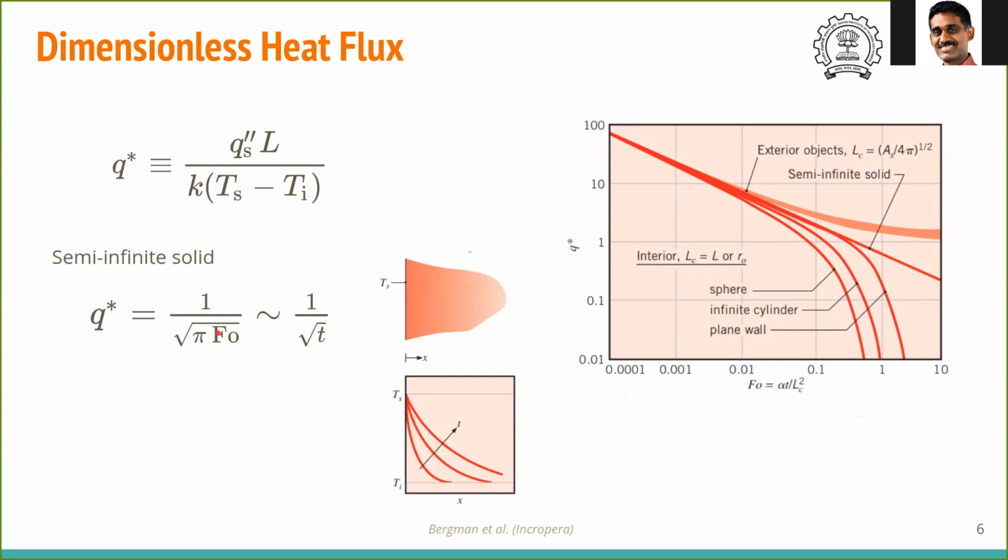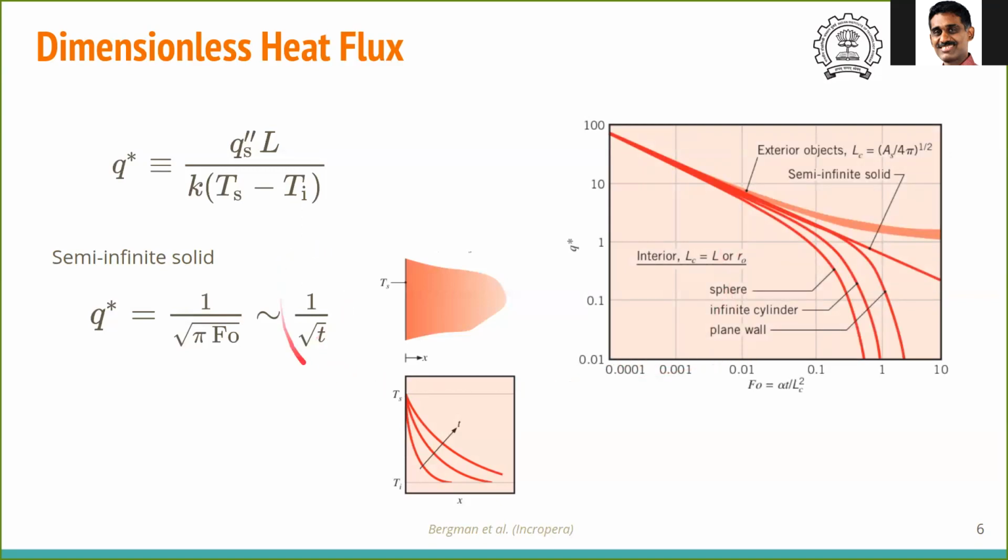So 1 by square root of t means t power minus 1 by 2. That is, if you move 2 on the x-axis, you will be moving 1 on the y-axis. So you can see quickly here that it goes from 100 to 10 in 2 units.